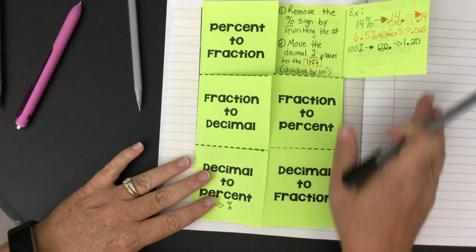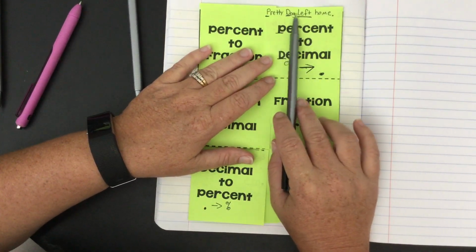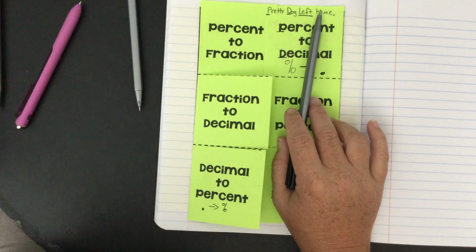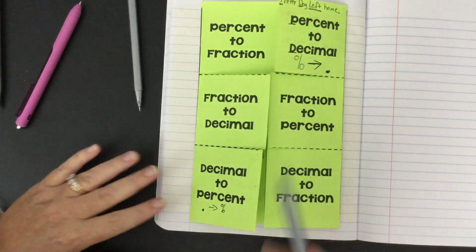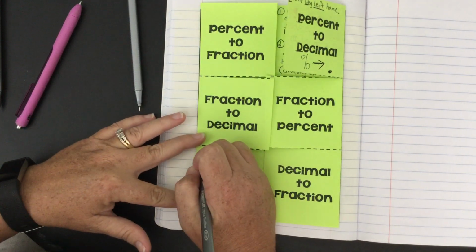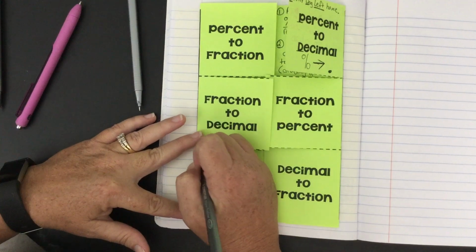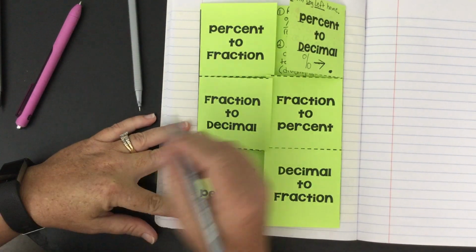All right. So just like we had this nice little saying here, pretty dog left home, this is my favorite one. We know we're going to have a D and a P, right? Because we're going decimal to percent.